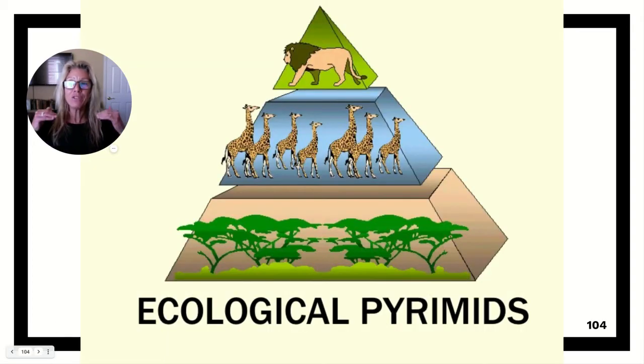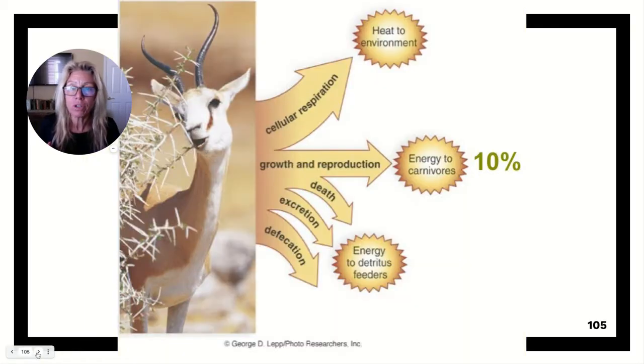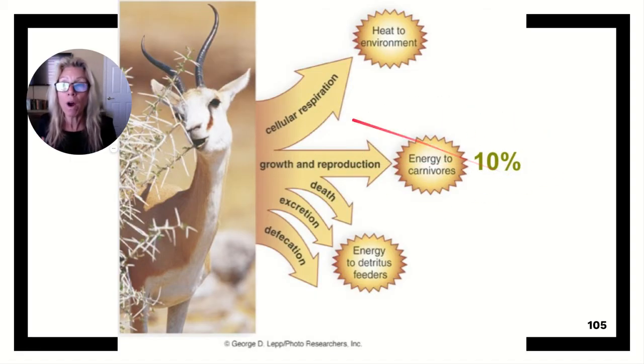All right, now, if you stack up your trophic levels, you will get what's called an ecological pyramid. So on your notes where it says ecological pyramid, one thing we want to know, let me show you this next one. Remember what I said, only about 10% gets passed on to the next level. Why?